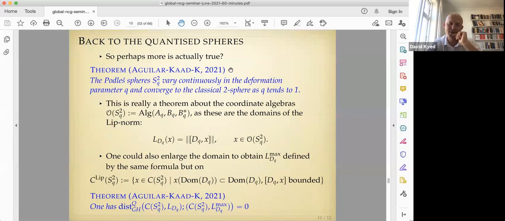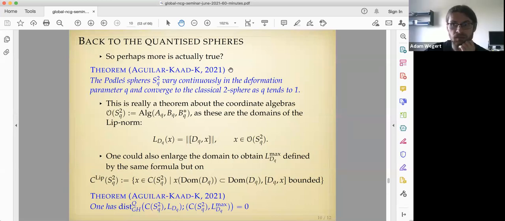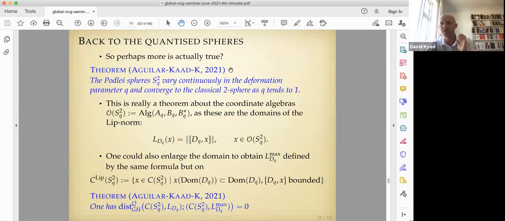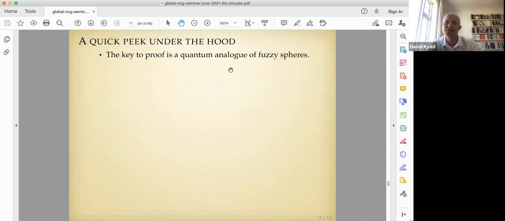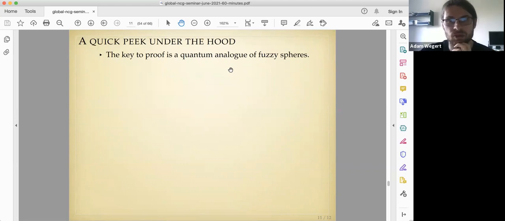So if you can indulge me for a slide of slightly more technical things, I would like to walk you through the main argument.